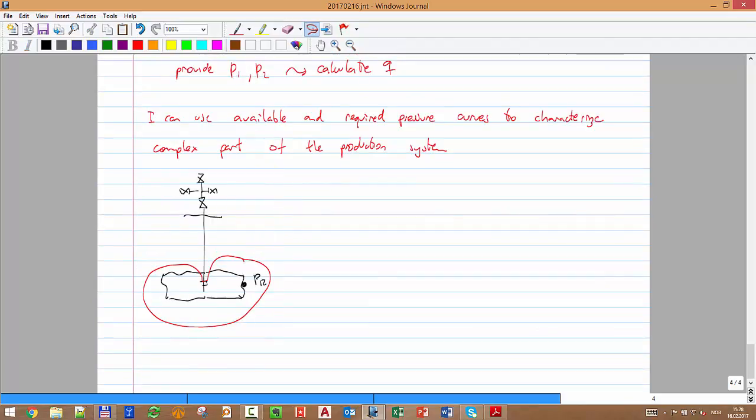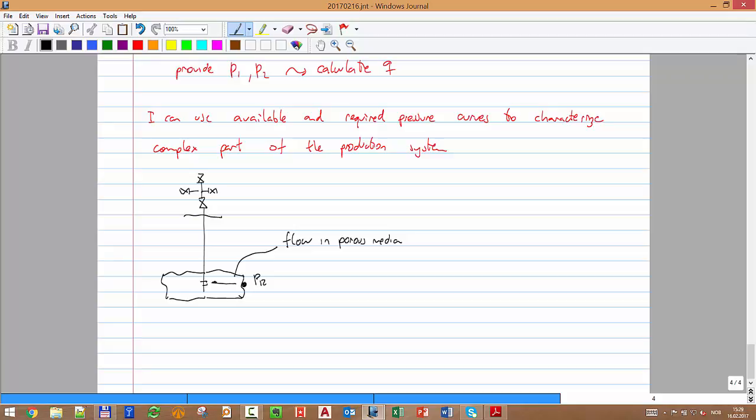So that system, first, what do I have here? In the reservoir, I have flowing porous media, right? And I have also a change of phase, probably.